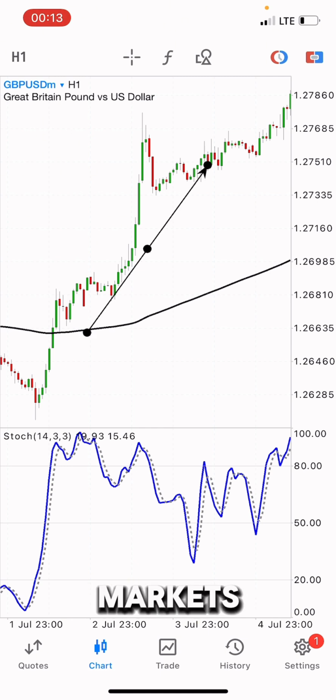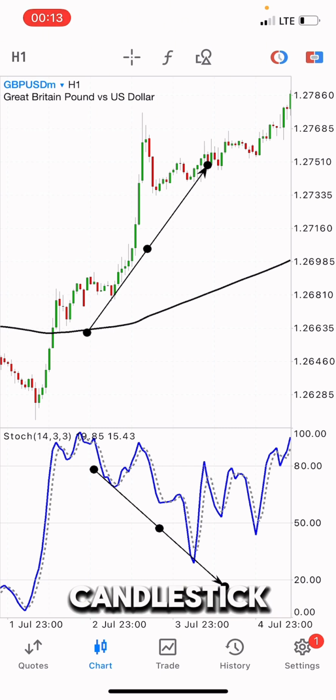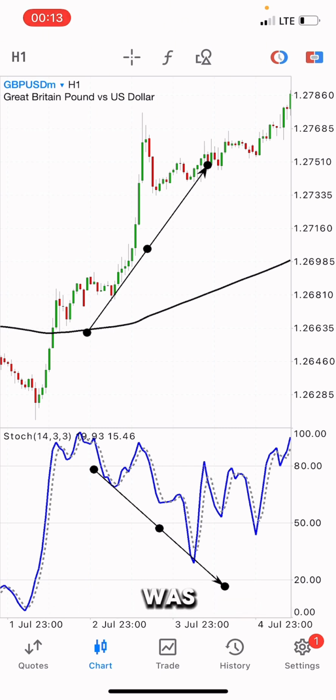So the market was making lower highs on the chart, and on this stochastic oscillator, the market began to make lower lows. After this second touch, like I said, we're looking for a candlestick confirmation that confirms to us that price was going to continue moving to the upside.